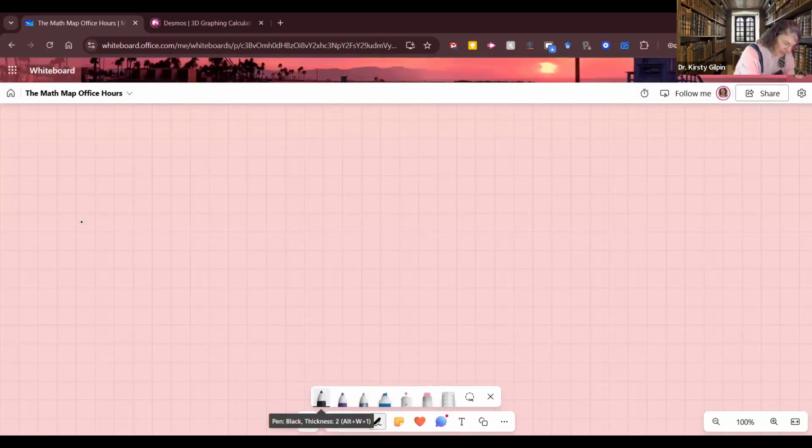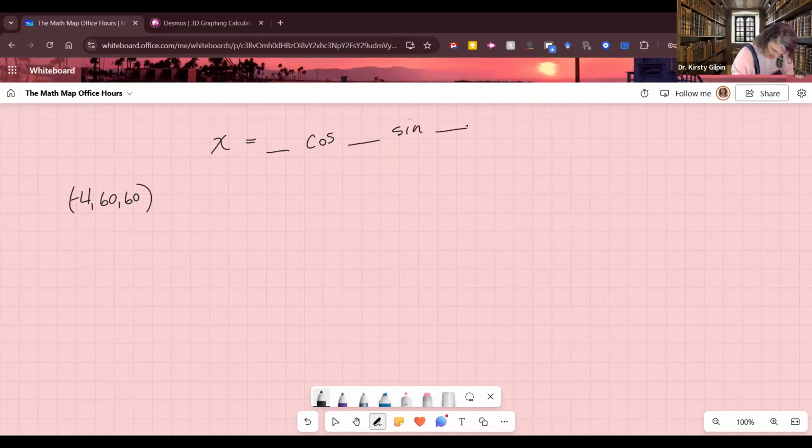Okay, so we're given here -4, 60, 60. And then we have x equals blank cosine blank sine blank. What we're going to plug in here is our -4, our 60, and our 60.